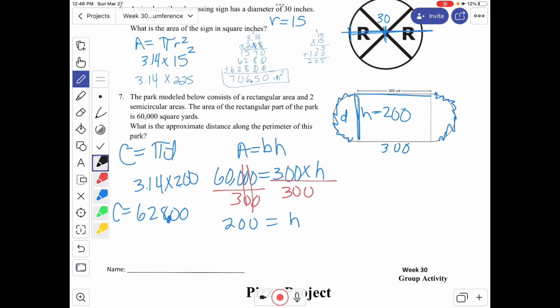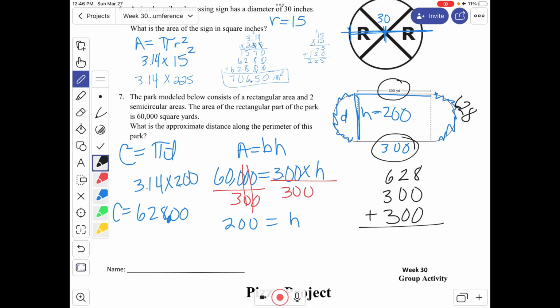That's not the answer. I just know that this squiggly part here that I was looking for is 628. I still need to add that to the straight section. So 628 plus 300 plus 300. That'll give me the perimeter of the entire park, which is 1,228 yards.